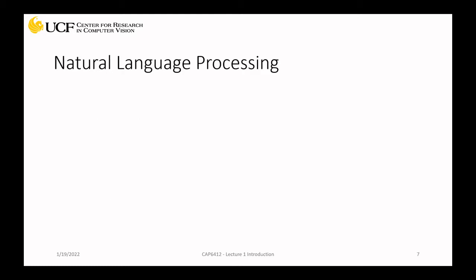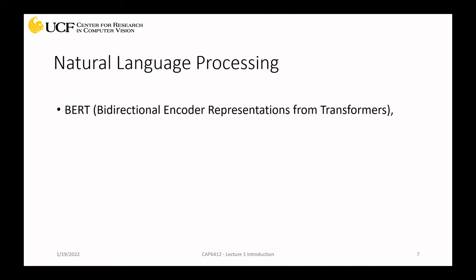So in natural language processing, because transformer started from there, a widely used model is called BERT, which is bidirectional encoder representations from transformers. It has been used in GPT, which is very popular in the media, you must have seen.